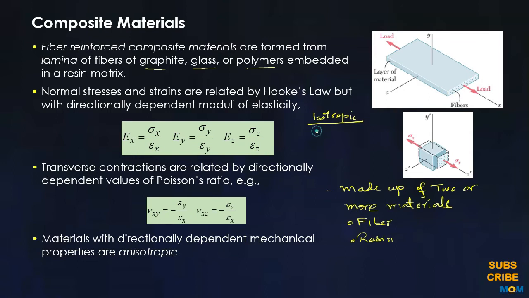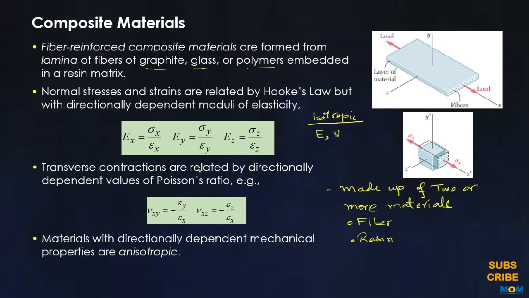We were having one value of this modulus of elasticity, one value of this Poisson's ratio. Now here in this case we have three values: the modulus of elasticity along x-axis, modulus of elasticity along y-axis, and modulus of elasticity along z-axis. Because this composite material is going to be direction dependent.